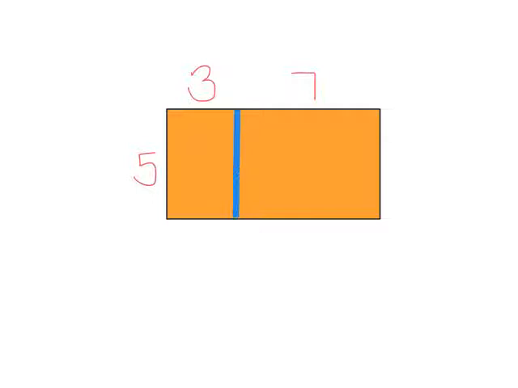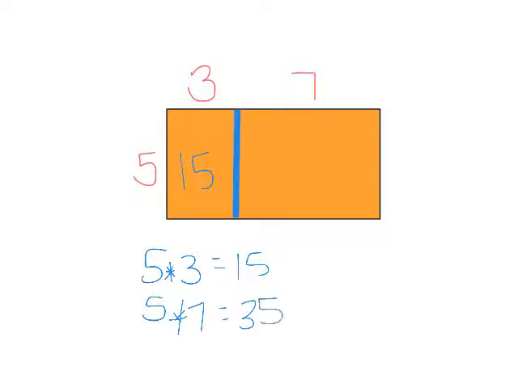We multiply length and width. So this part is 5 times 3, which is 15. And this area is 5 times 7, which equals 35. Then I add them together: 15 plus 35 equals 50. Okay, that's option 1.